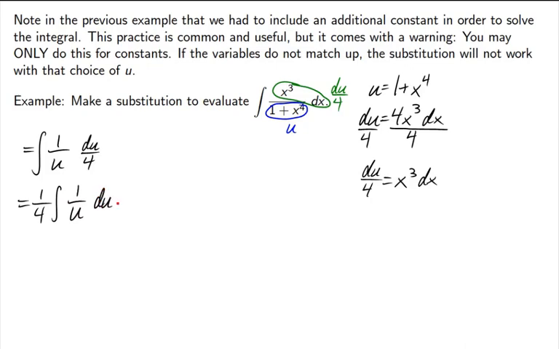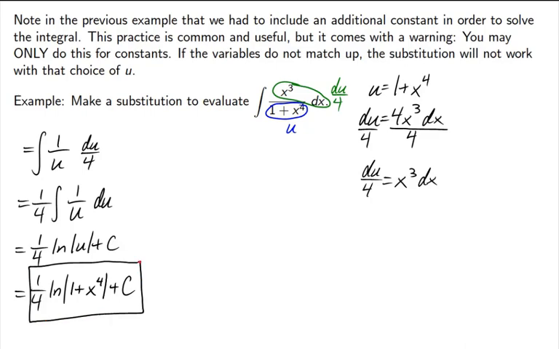So there's the 1/4 in front, and now we can integrate. This is the natural log of the absolute value of u plus c, which is 1/4 natural log, and if we back substitute, we had 1 plus x to the 4th, plus c.